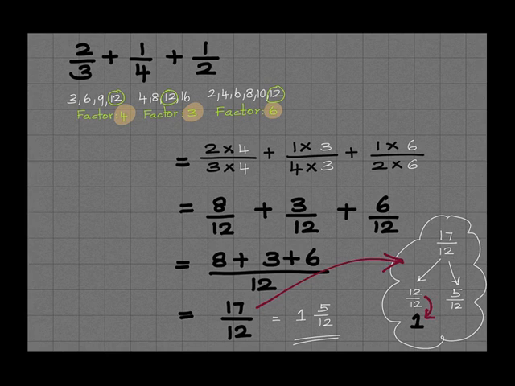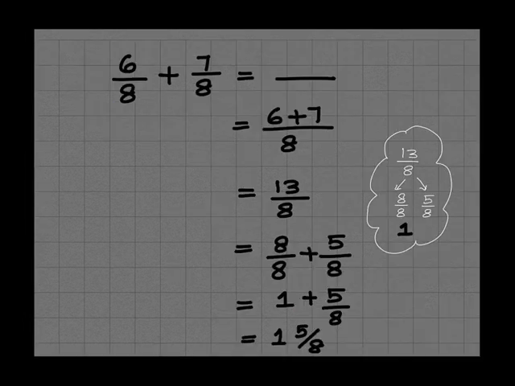Any number divided by the same number is 1, and this fraction is left. So instead of this 17 by 12, we can substitute the value, the 1 goes here and the other fraction next to it. So 1 5 by 12. Again, this is a fraction problem, addition of fractions.